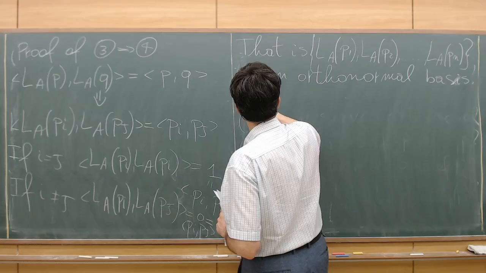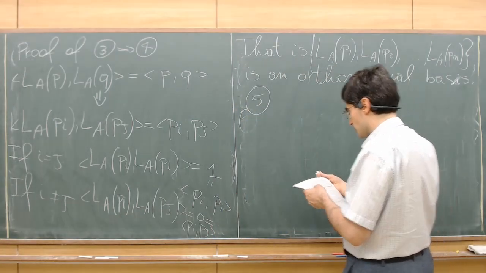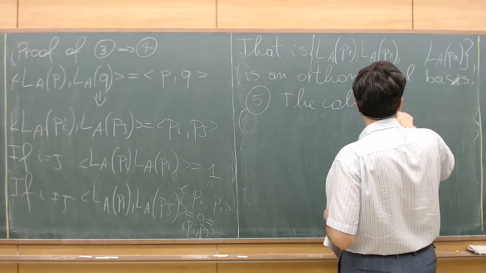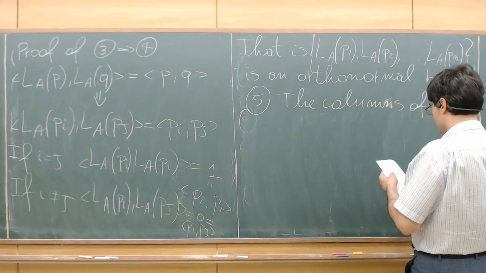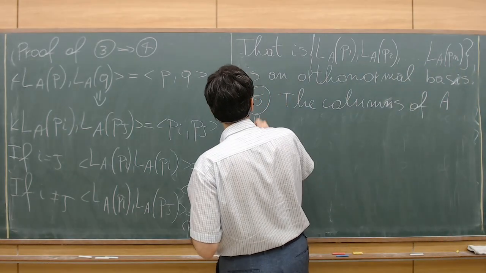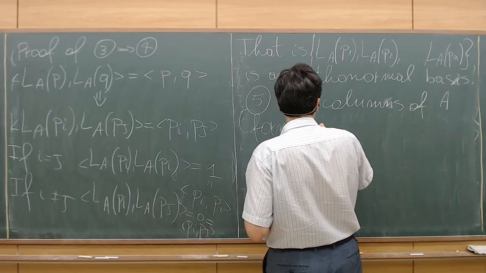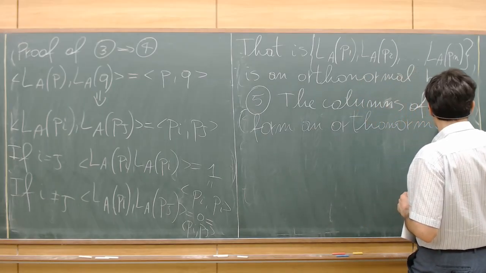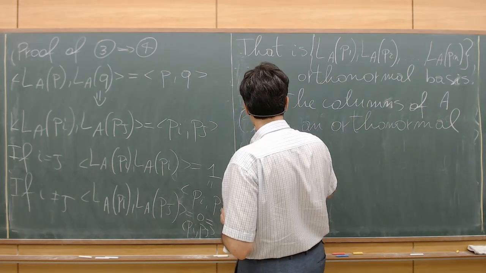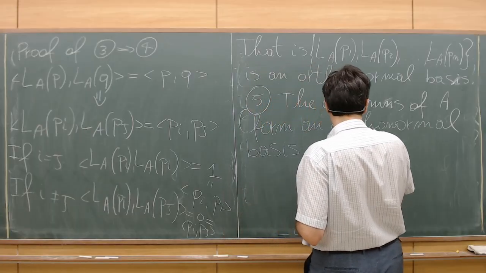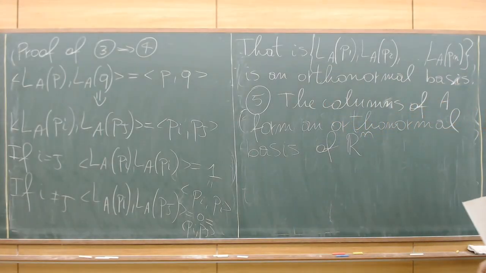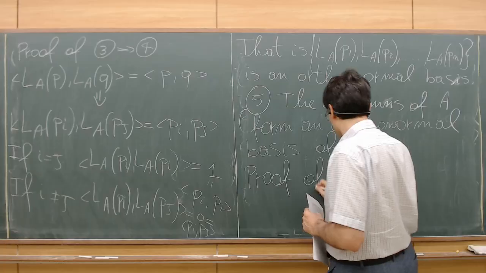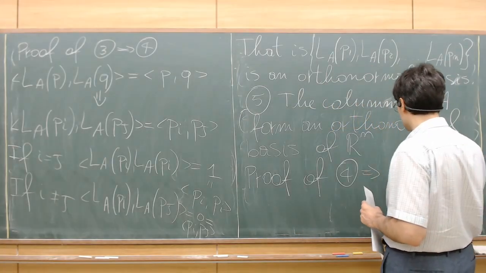Okay, let's pass to statement number 5. 5 says the columns of A form an orthonormal basis over N. And I will prove that 4 implies 5.